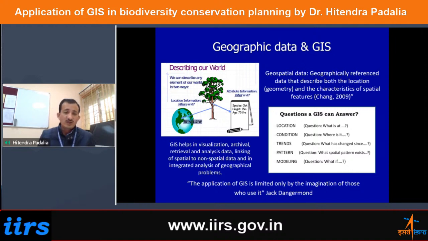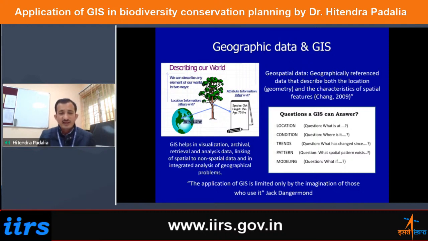It's only up to the imagination of the user. He can drive a number of applications using GIS. But why is GIS required? You need to understand that GIS has several functionalities. First of all, it can help you in archival of the data, whether you have a biodiversity map of a particular area or plot inventory data.